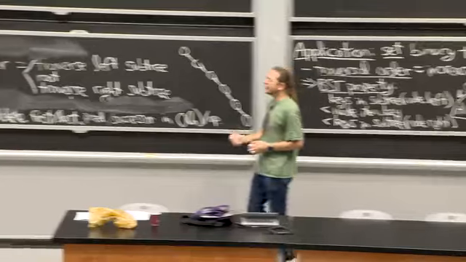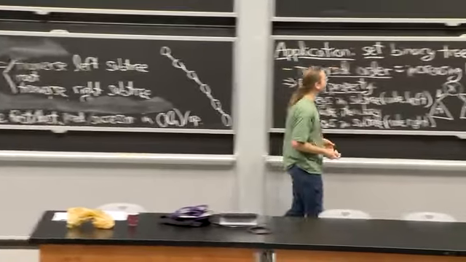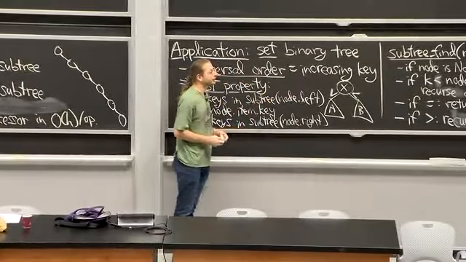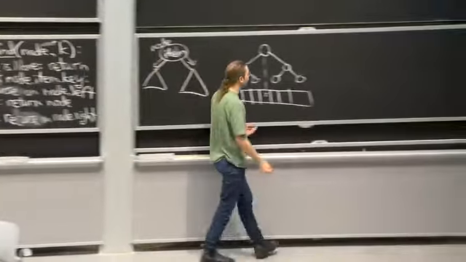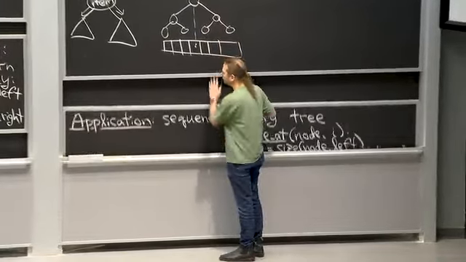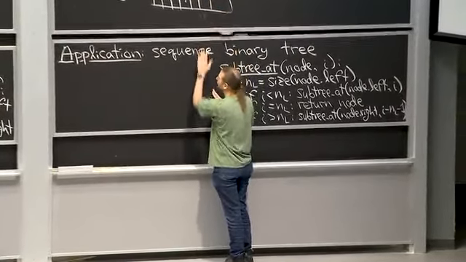What I want to focus on today is the other application. This is for representing a set, which is relatively easy. A challenge, which we sort of set ourselves up for, but need a little more work, is to make sequence binary trees.